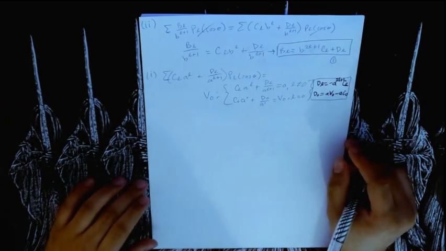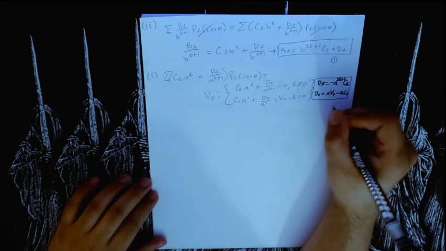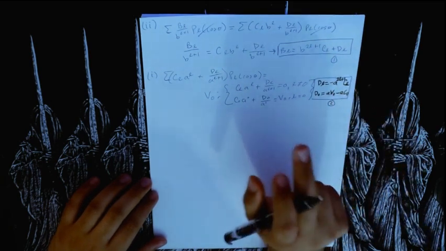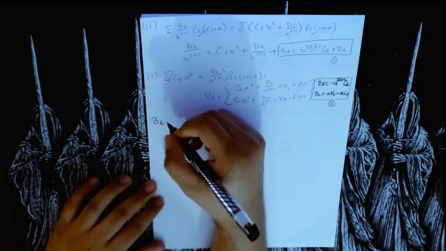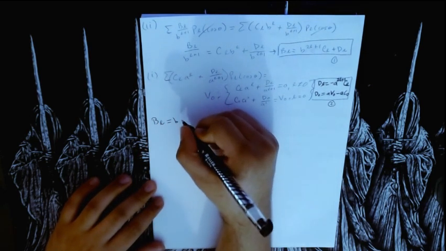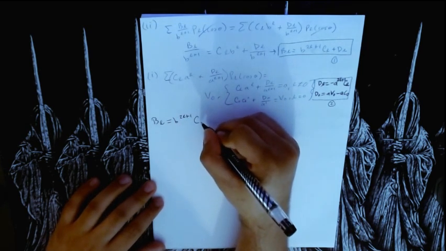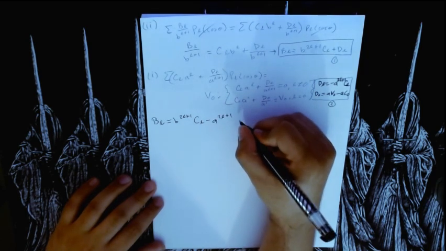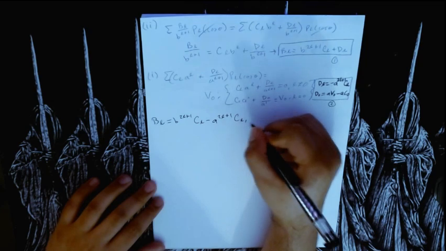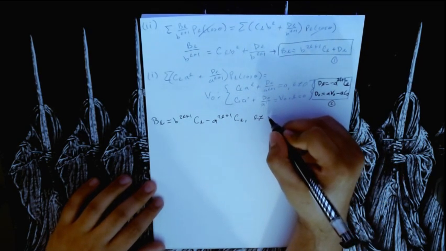Alright, so if we plug in this, which should be our second one, plug this into 1, then that gives us that B sub L equals lowercase b to the 2L plus 1 C of L minus A to the 2L plus 1 C of L, and that's if L is not equal to 0.